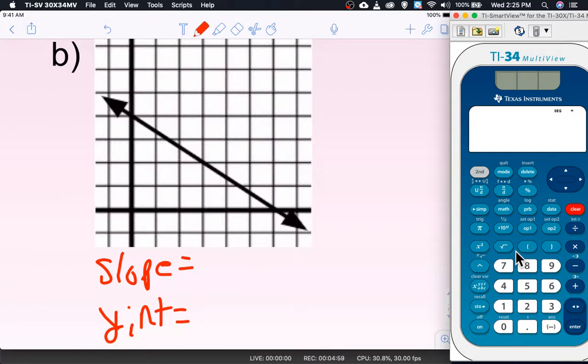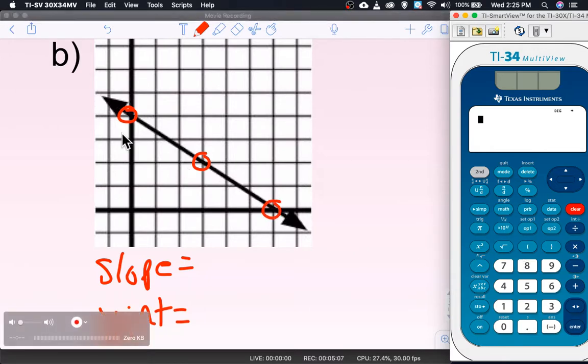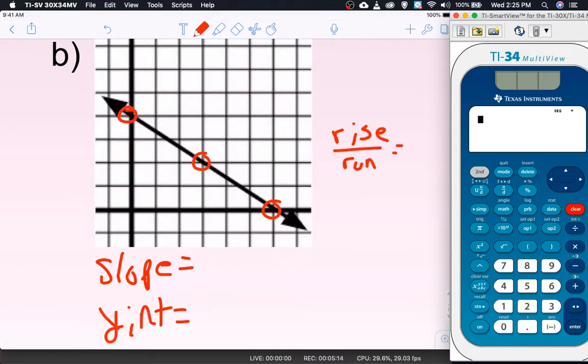All right, so looking at this line, I see points here, and here, and here. So my slope would be from one point to the next. If I'm doing rise over run, my rise is down 2.